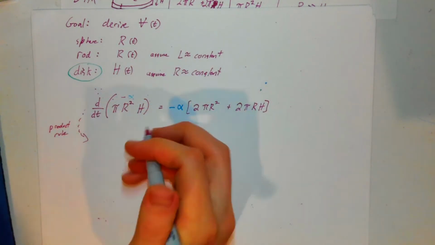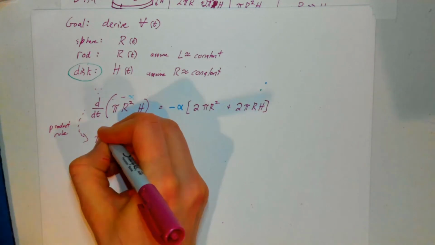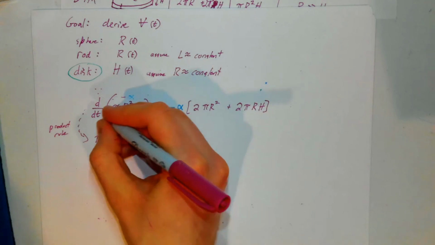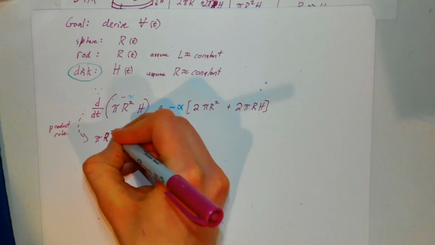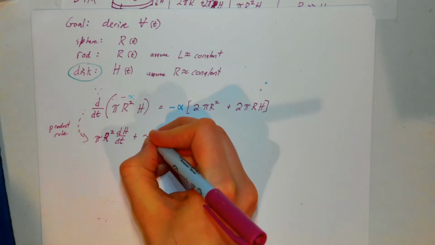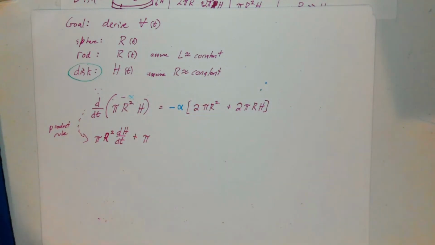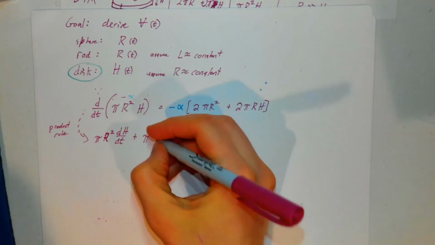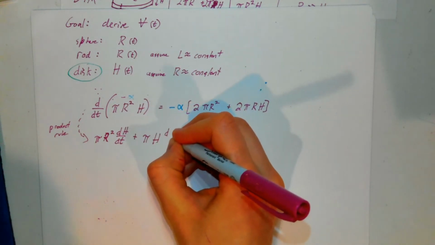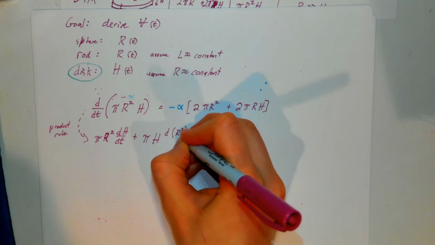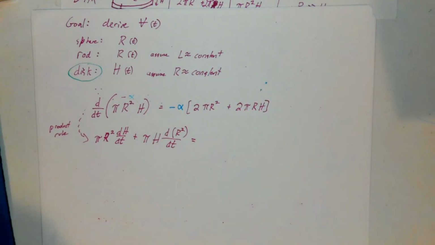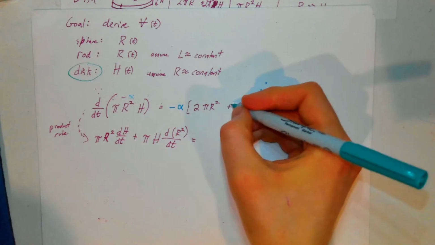So if you remember the product rule, it's first times derivative of second, so it's pi r squared times dh/dt, plus second, I mean pi is a constant that's along for the ride, so it's times second h times the derivative of first, which would be d(r squared)/dt. And then of course this right hand side is just coming along for the ride.